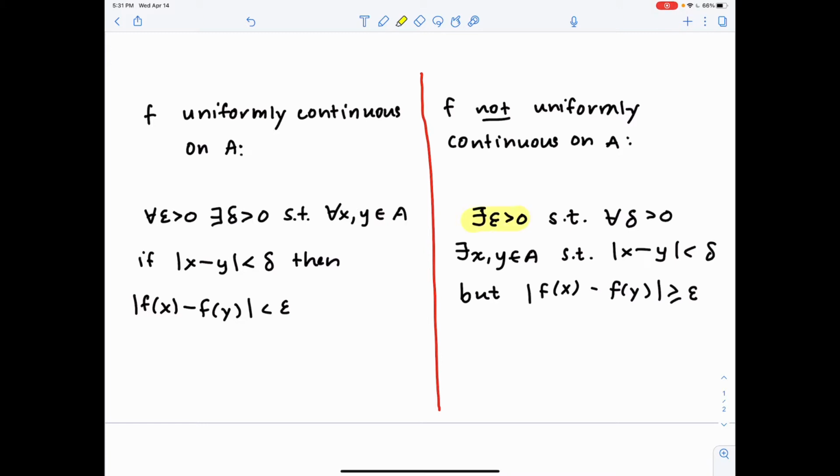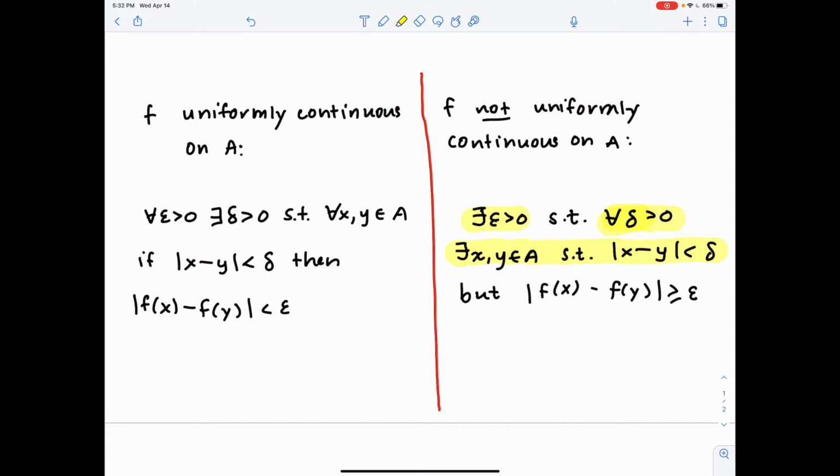First of all, we need to find an epsilon neighborhood for which we cannot find this single delta that works all at once. But notice that as we specify an arbitrary delta, we're going to have to come up with an example of x and y values that are in that delta neighborhood, but are too far apart in terms of their function values.